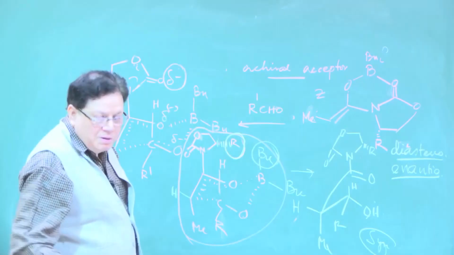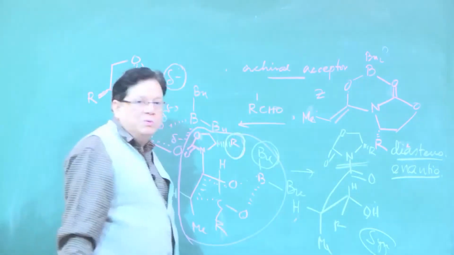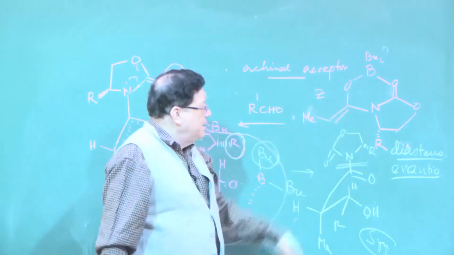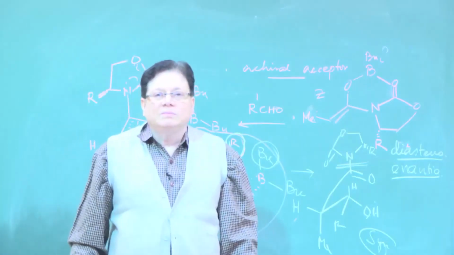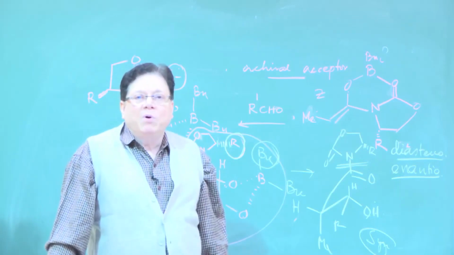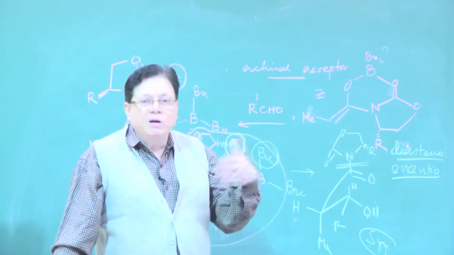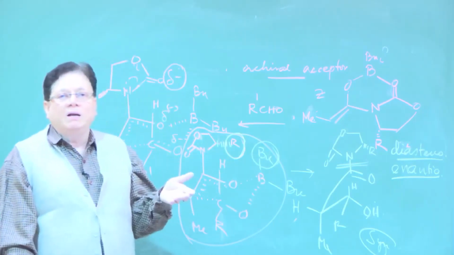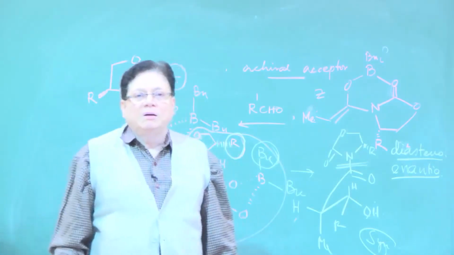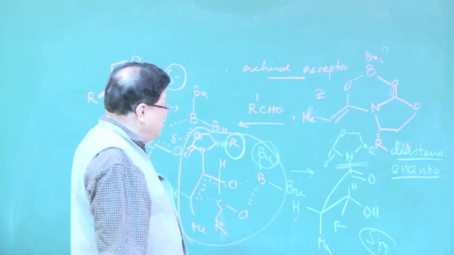Now, there are a few questions on how you really remove this group, because that has to be removed, and it will be nice if you can again utilize this oxazolidinone. That is another important issue of organic synthesis, to reuse the system over and over again to make the reaction sustainable, because economic sustainability is very important.